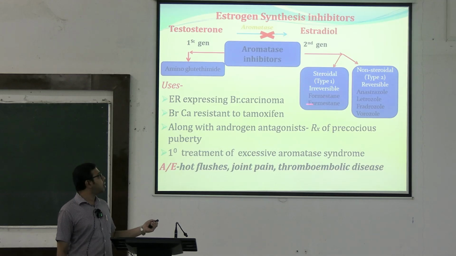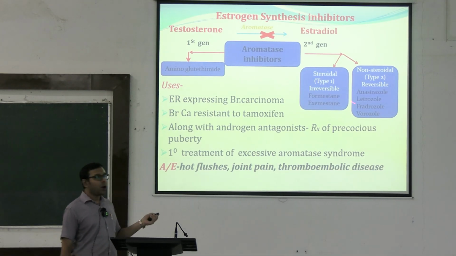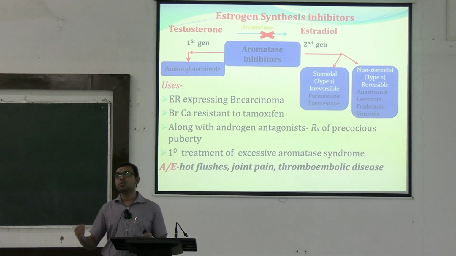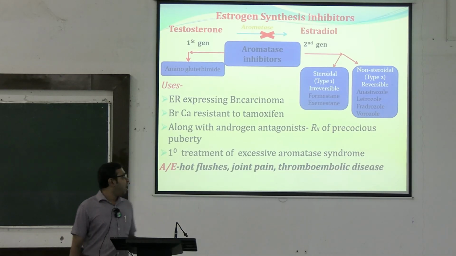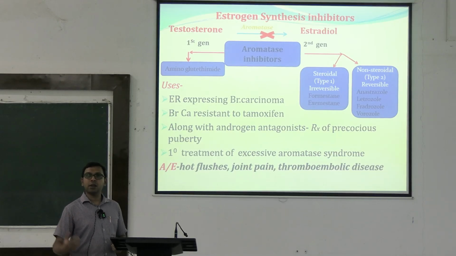Examples are formestane and exemestane. Formestane and exemestane are steroidal type 1 irreversible estrogen synthesis inhibitors. And there are non-steroidal or type 2 or reversible estrogen synthesis inhibitors like anastrozole, letrozole, fadrozole and vorozole.